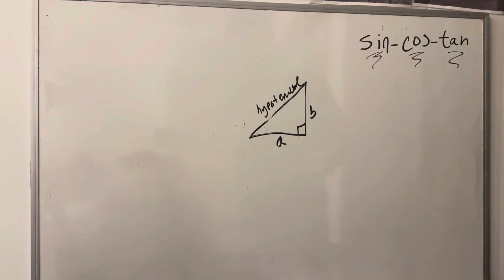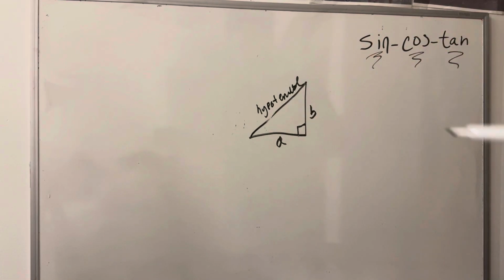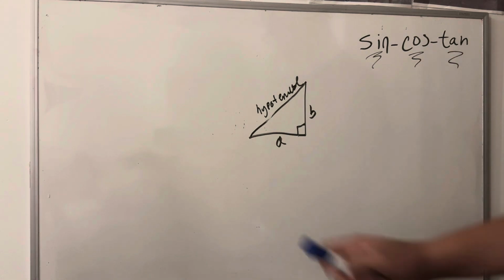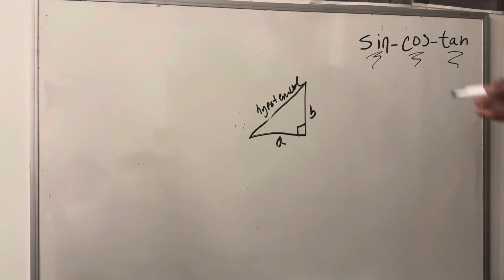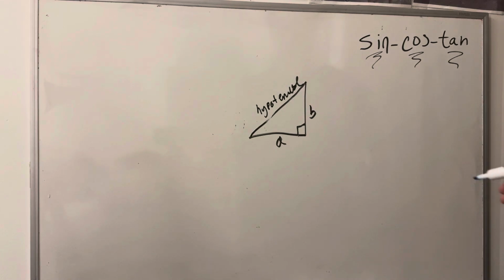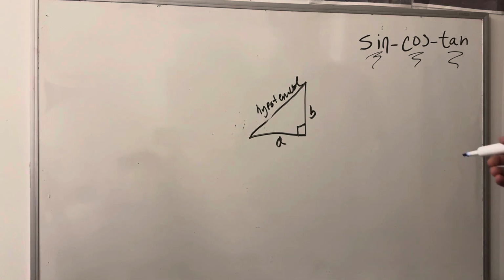So now that we have established that we have sides, a side A, side B, and a hypotenuse, we can now begin to understand what these sides mean, or what these ratios mean, because all of these are ratios in the triangle. Now we have three things to consider.